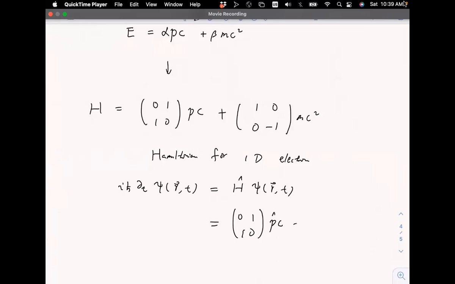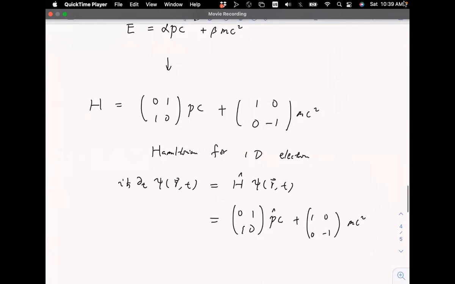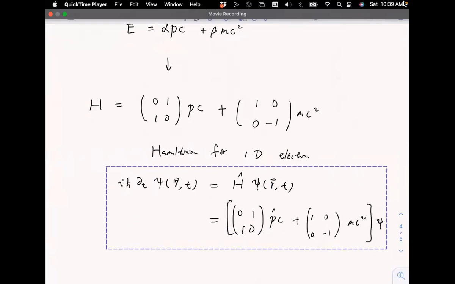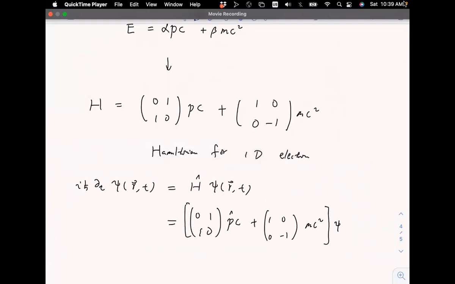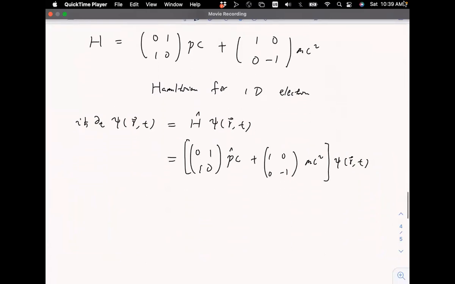Then this will be an operator, 1, 0, 0, -1. Basically here it automatically means your wave function must have 2 components. Otherwise, the matrix will not be meaningful. So your wave function needs to at least have 2 components. Then you just make this a 2-component wave function.